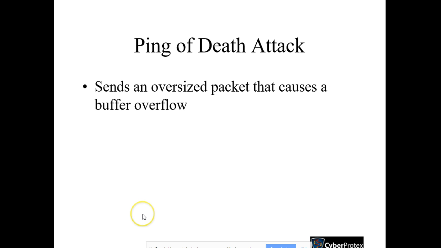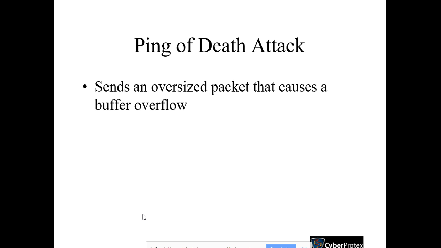But the ping of death is when you send an oversized packet that causes this thing called a buffer overflow. When Windows XP first came out, it was susceptible before the first service pack. Windows XP was susceptible to this ping of death attack.